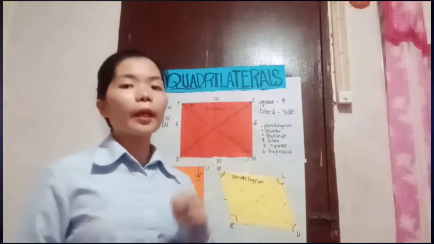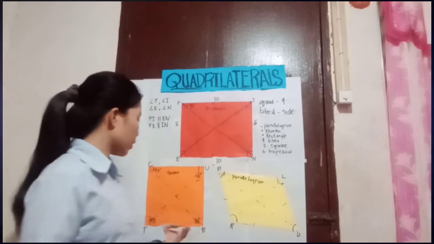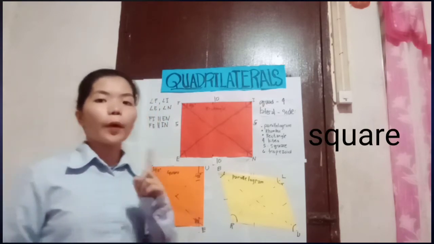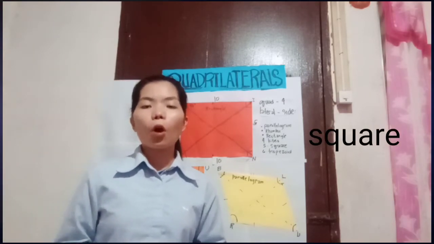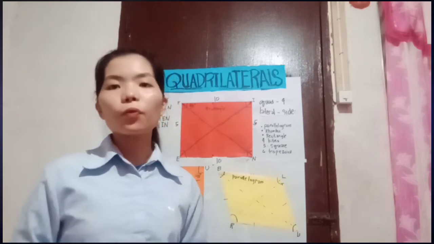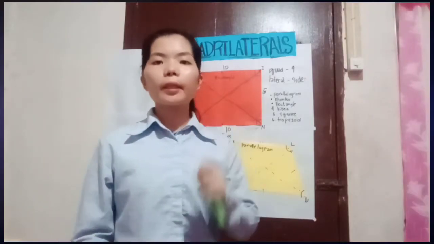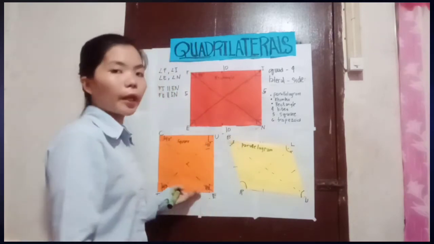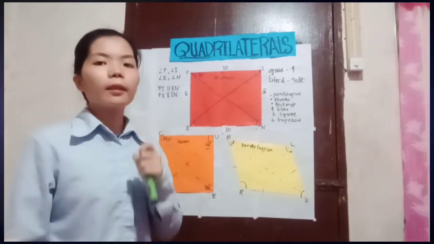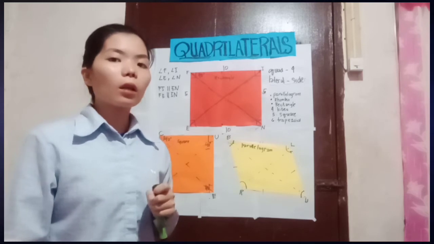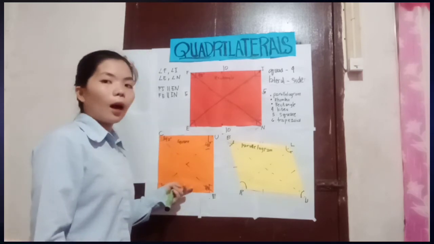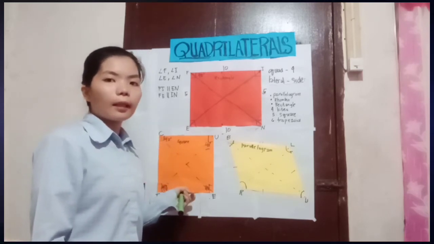The second figure is square. A square is a quadrilateral with 4 equal angles and 4 equal sides. We have 3 properties of a square. So number 1, all angles of a square are 90 degrees.